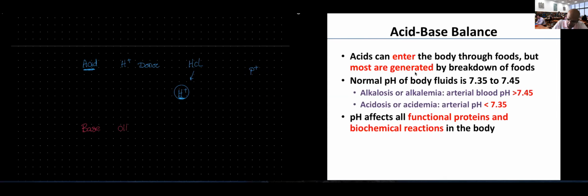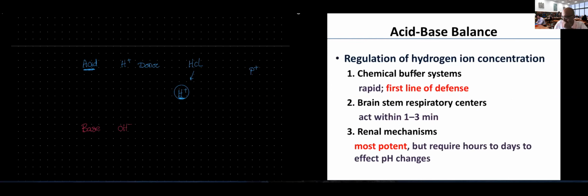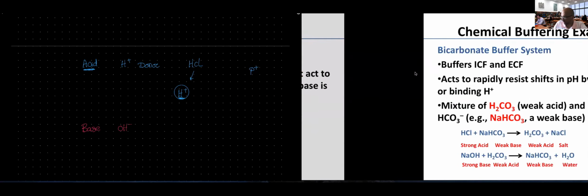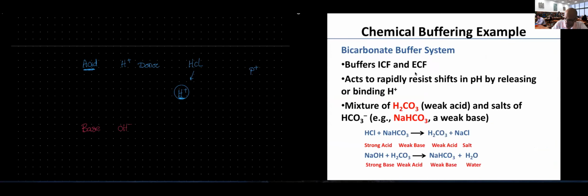What do I mean by this? That when it dissociates in water, right here, sodium bicarbonate.